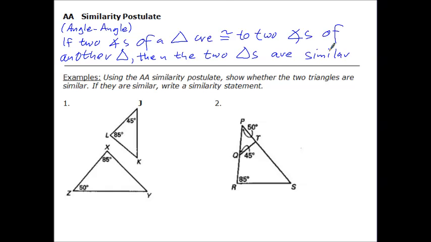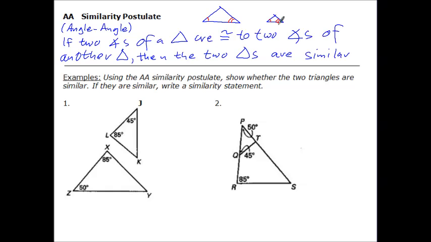If I draw you a little drawing, let's assume that these two triangles have two angles that are congruent, the lower left angle and the lower right angle.